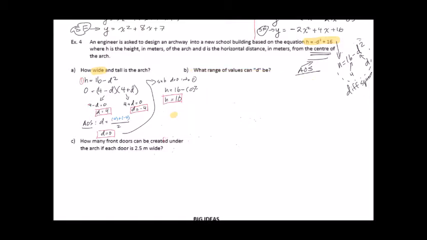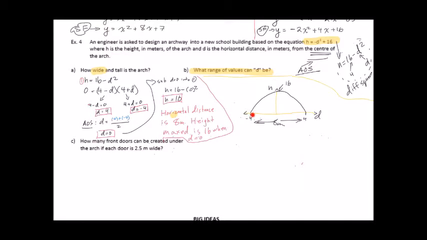So, when we're talking about the arch, if I wanted to know what values D could take, the only values that D could take are literally in between -4 and +4, because any other points past that mean nothing to us, because we know that from here on is the ground.